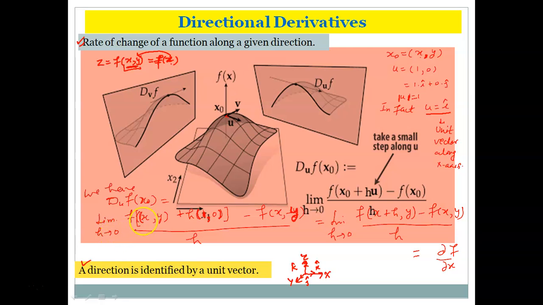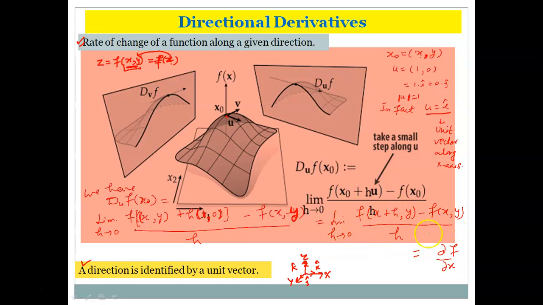Now when you multiply h inside, it will be (h, 0), and now these are two vectors, (x, y) plus (h, 0). When you add these, you will get f of (x plus h), meaning the first element is added to the first and the second to the second. So we will be getting the limit as h tends to 0 of f of (x plus h, y) minus f of (x, y), divided by h.